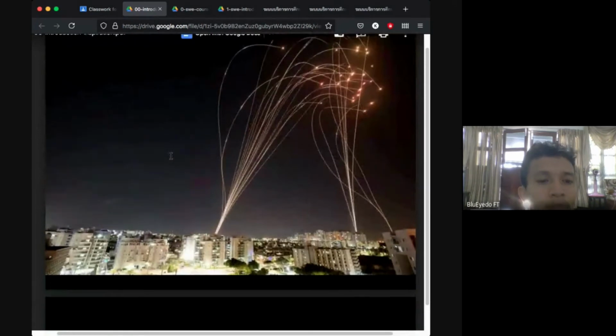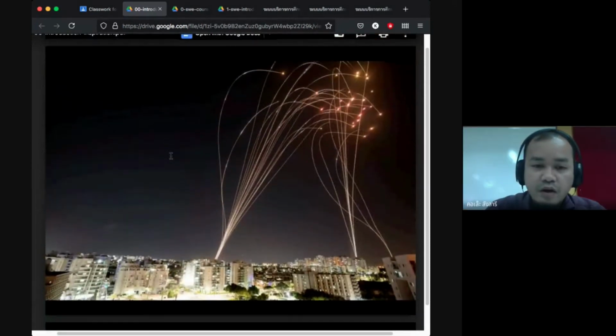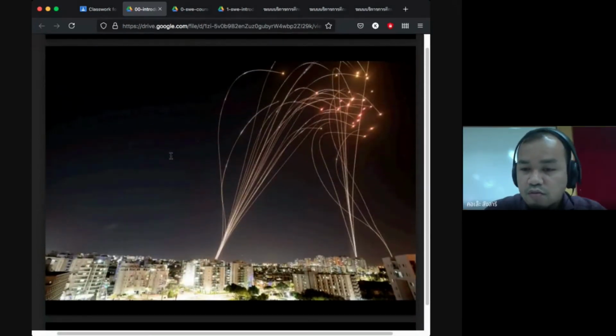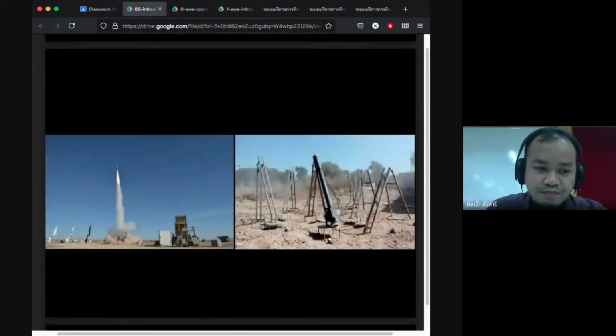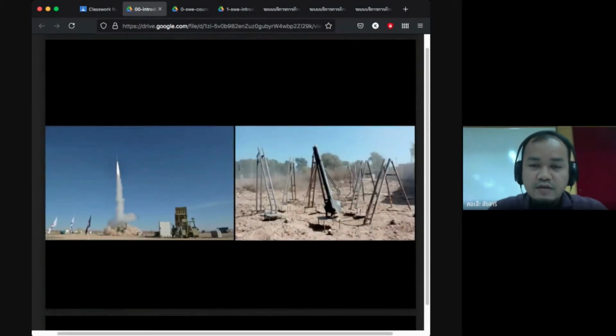If you look at this one, I think everyone knows about Iron Dome, right? Yes. If we compare the two sides of the battle, we can say battle or war, which side is the side of Palestine and which side is Israel?